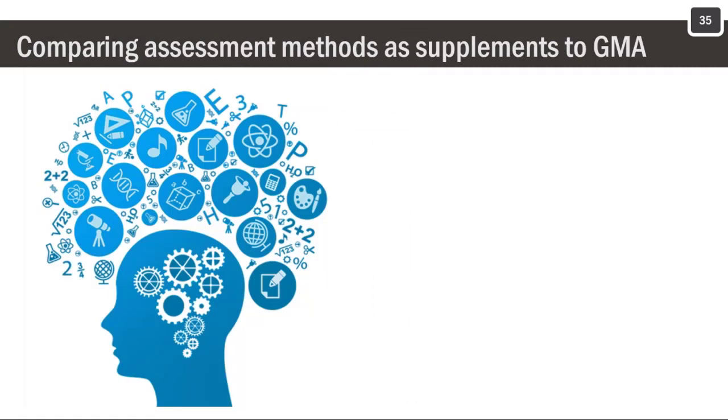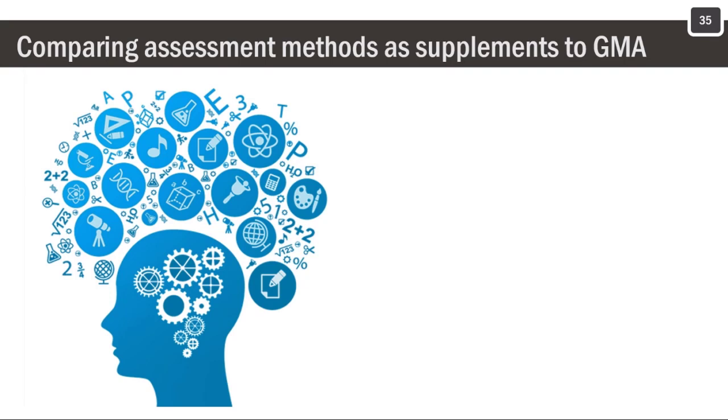Because of its special status, GMA can be considered the primary personnel measure for hiring decisions, and we can consider the remaining 30 assessment methods as supplements to GMA.